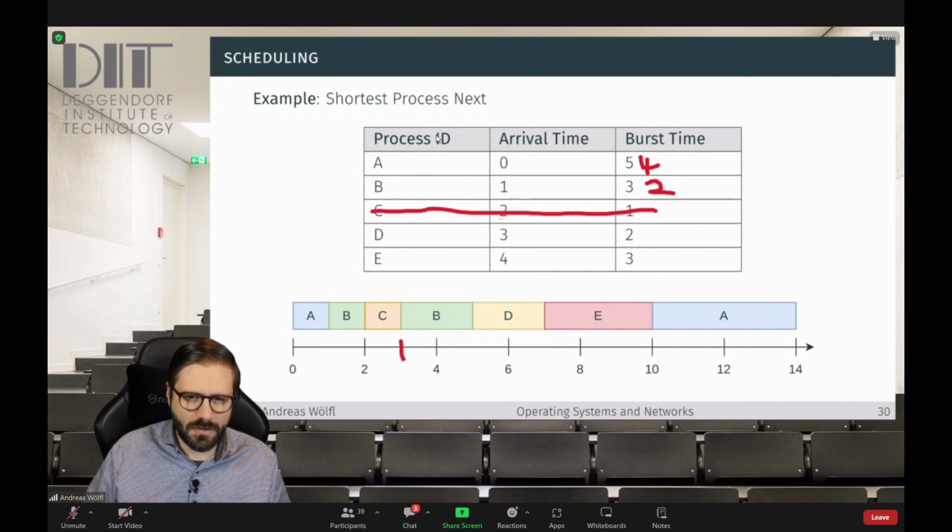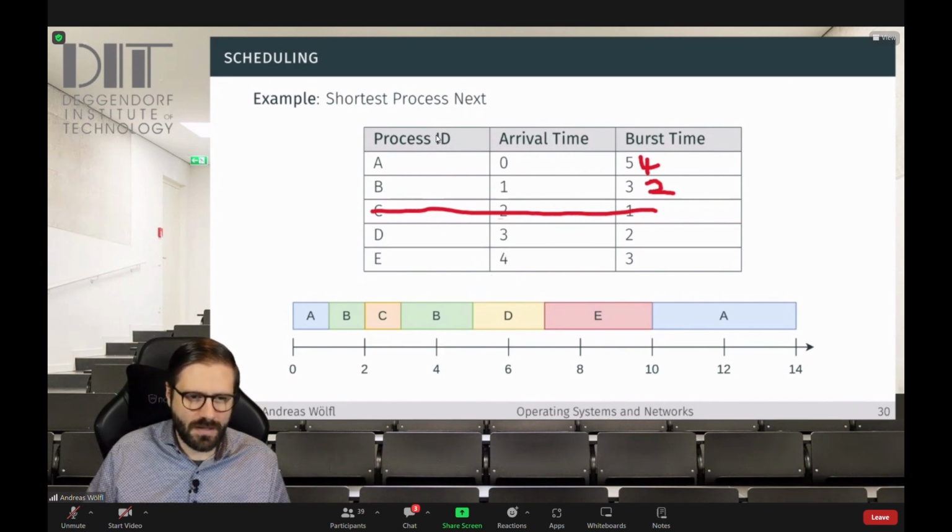Let's talk about what happens at time 4 real quick, because at time 4 we have a process with burst time 3. 3 is bigger than 2, so there's no chance that we execute E.